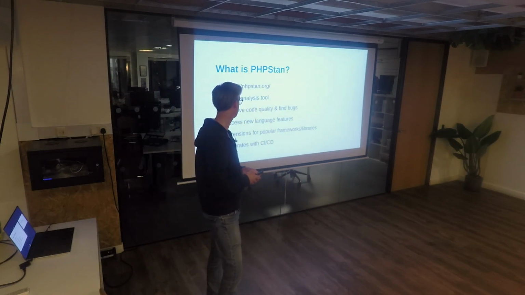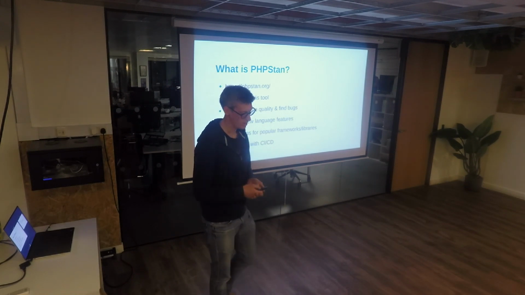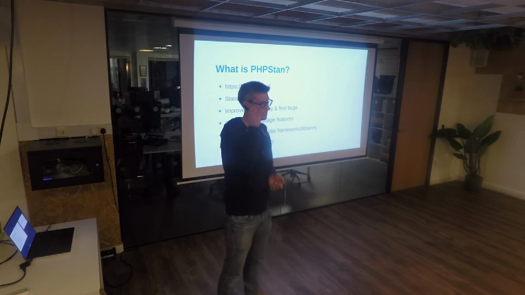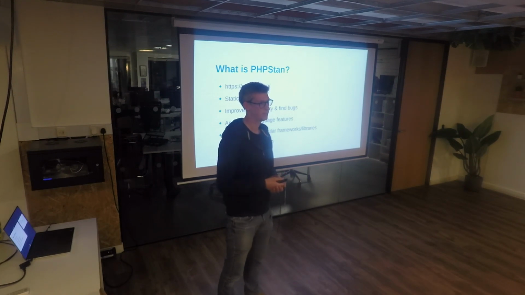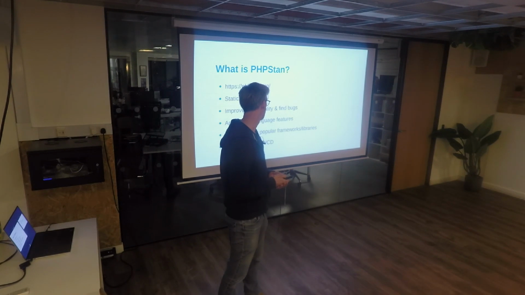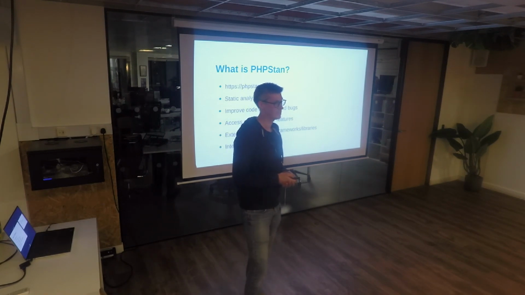So what is PHPStan? In case you don't know, it's a static analysis tool. Static analysis just means that it's able to evaluate your source code without actually executing it. And it can help you improve your code quality and find bugs in your source, hopefully before your clients do. It's also able to give you access to language features that aren't available in PHP core, things like generics and array shapes.